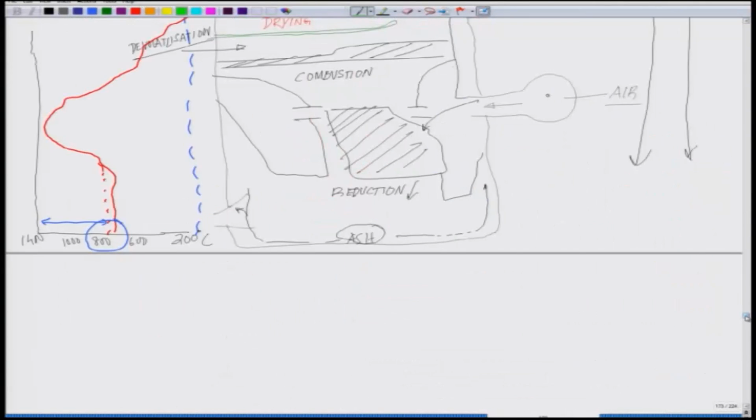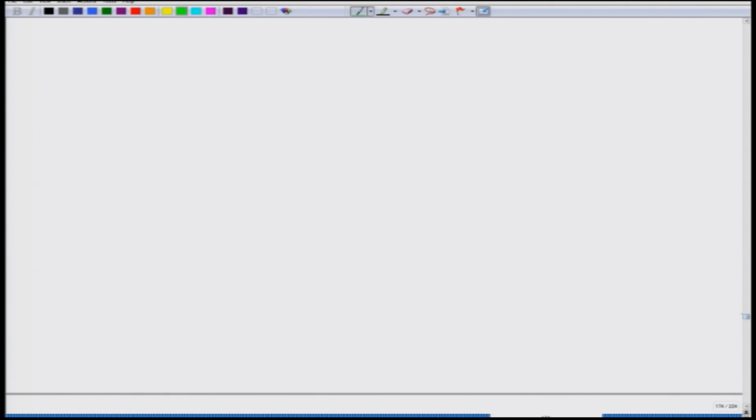So, now coming back, the first characteristic is that in the downdraft gasifier, the gas which is coming out is at a higher temperature. What is the second salient point?